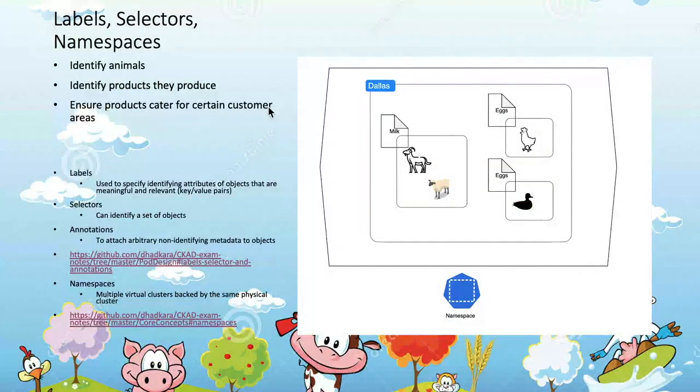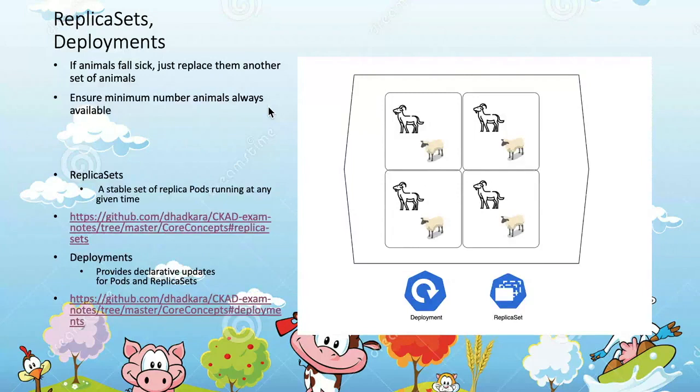Let me close these since we already used them. Go back to my demo. Let me come to another concept. There's something called replica sets and deployments. So a replica set is the thing which you use, for example, when you want to make sure that there is an n number of pods always running. So for example, you always want to run a certain number of containers for that application.